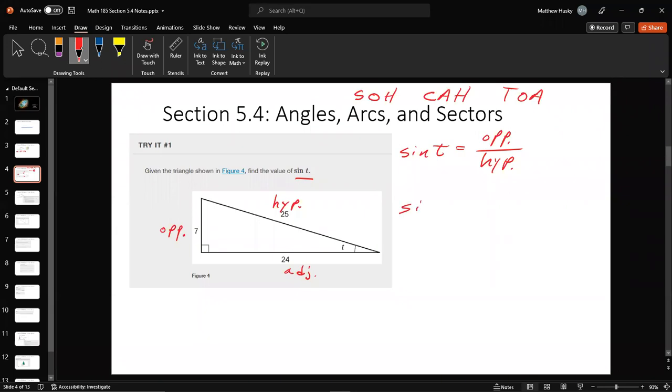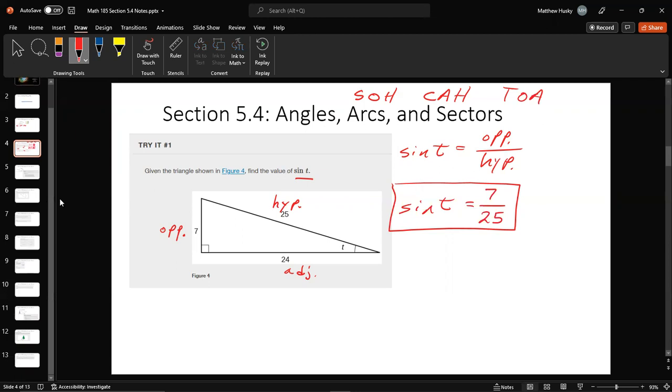In this case, the opposite side is 7, the hypotenuse is 25, and there you go. The answer that we're looking for is 7 over 25. That's it. Hopefully you'll agree that's an easy one to get the ball rolling here.